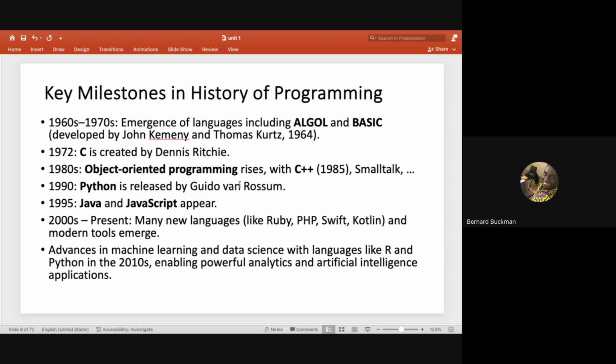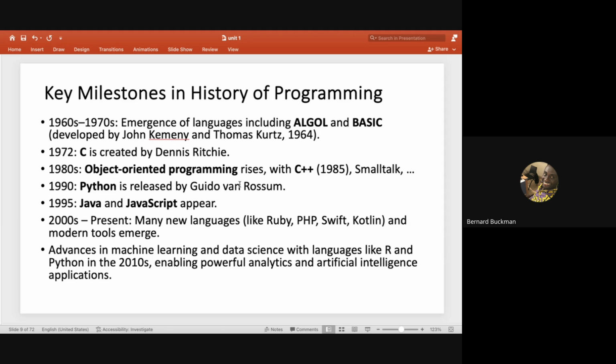C also came about, and then we had object-oriented C++. So C++ was the first object-oriented programming language. We had Smalltalk, we had Java, and Python came off the processing line. Since then, we've had lots of different languages like Swift, PHP, Kotlin, so many modern languages.